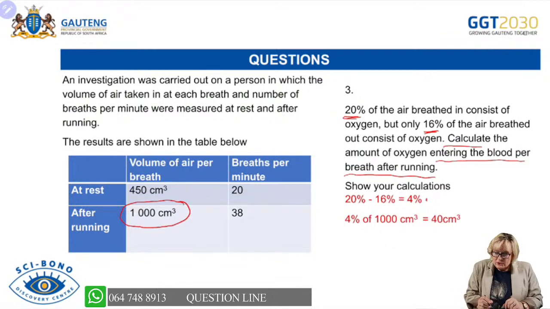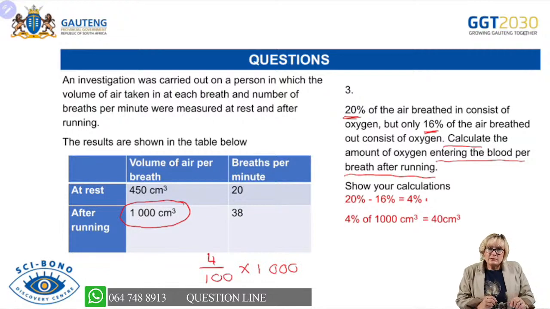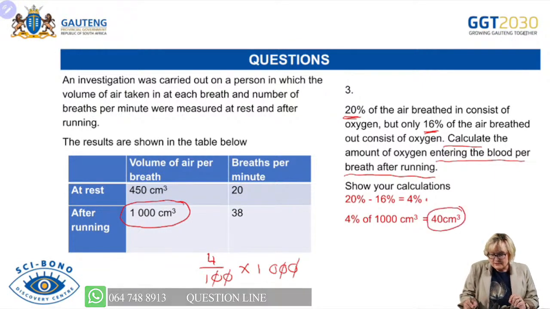Let me quickly show you here. 4% is actually 4 divided by 100 of 1,000. So I want to know how much that is from the 1,000. If you do a calculation like that, you can eliminate those zeros. So with what are you sitting? 4 times 10 is 40.